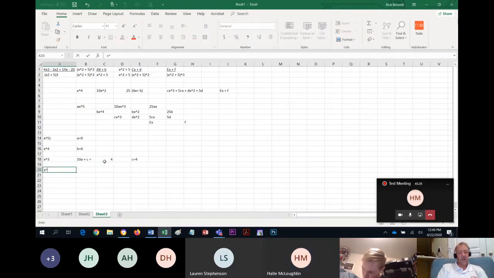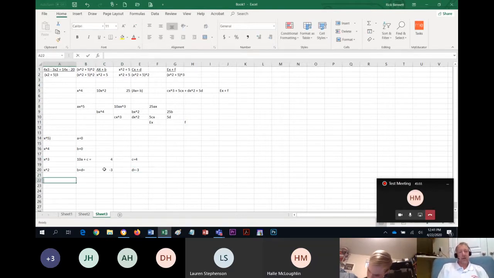The x squared term is going to be this column here, which is going to be b plus d, and that has to equal the x squared term up here, which is -3. And we know that b is 0, so in this case, d equals -3. Wow, I thought this one was going to be hard. It's going to end up being easy.